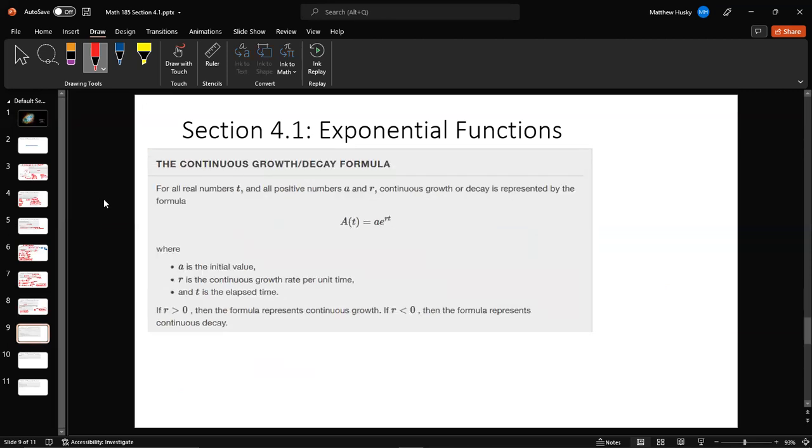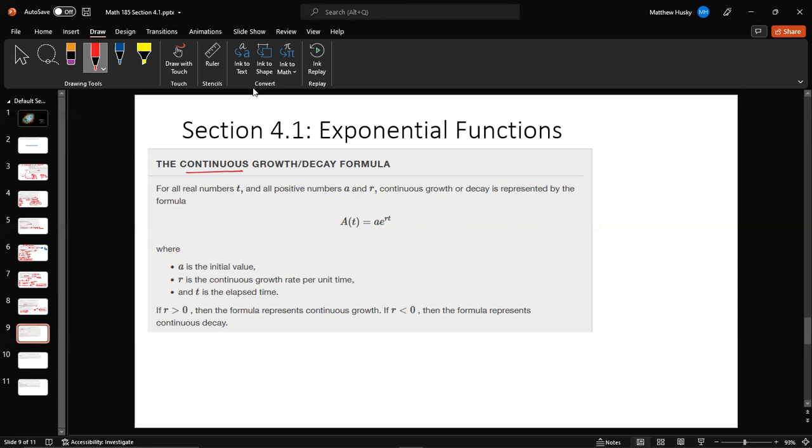All right, and then we've got continuous growth and decay. So fun fact, we were looking at banks, and banks will operate according to very regular and well-behaved schedules. They're going to accrue interest once a month, or they'll calculate your balance every day or every 6 months or whatever.